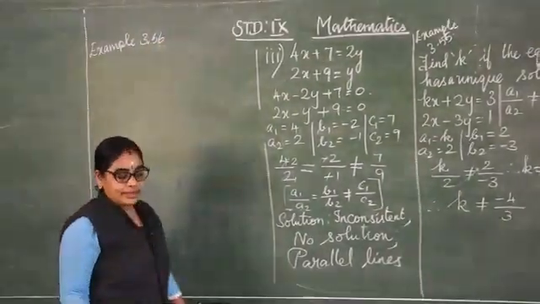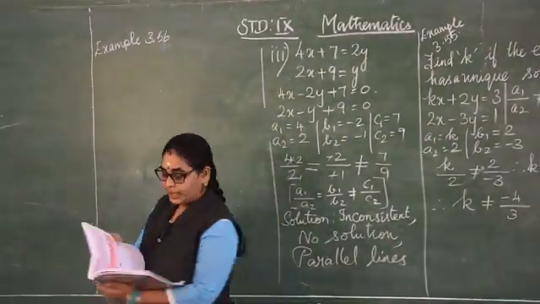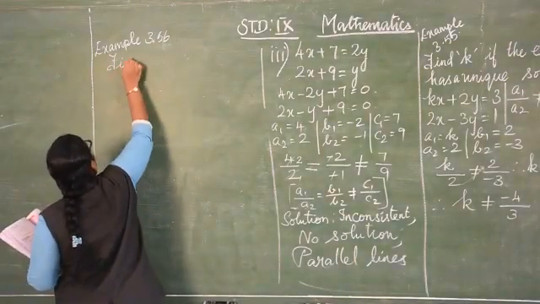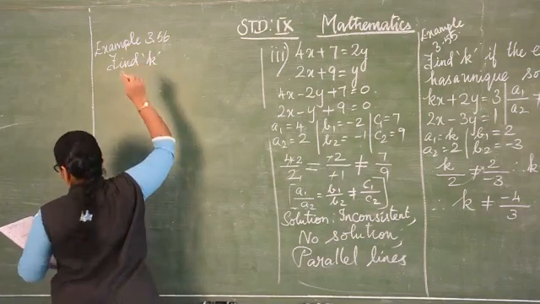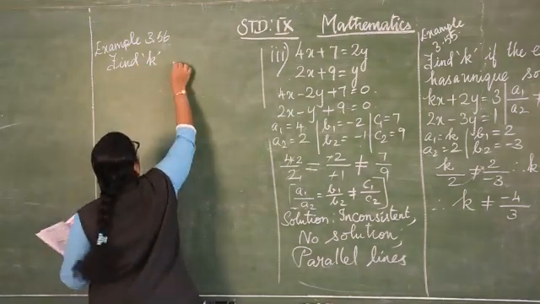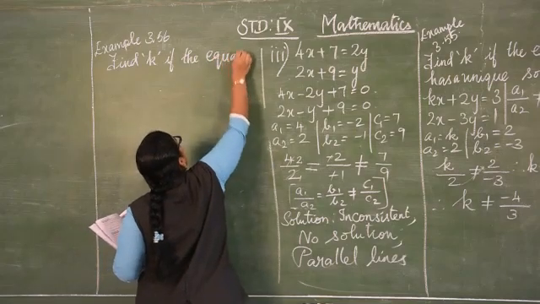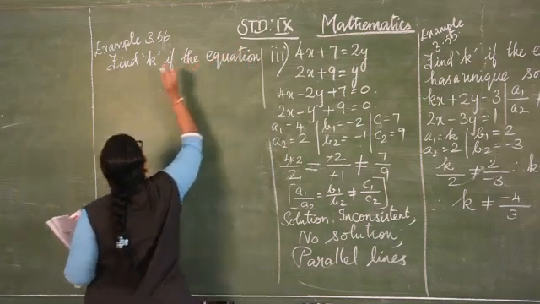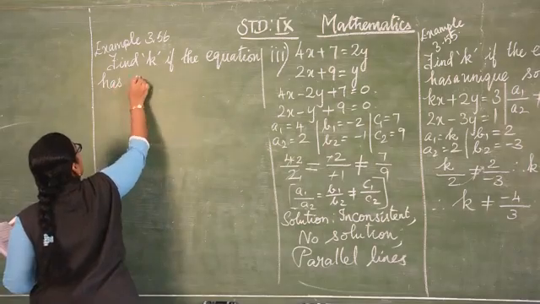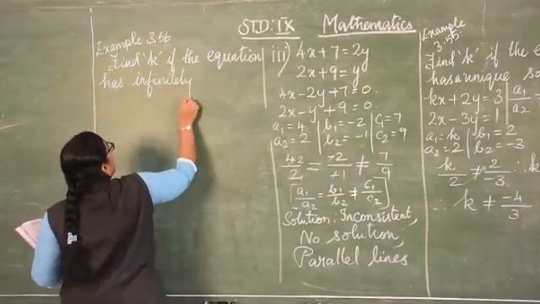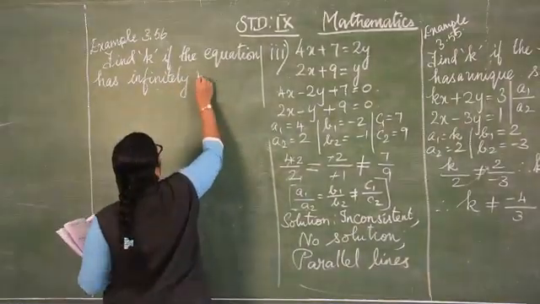3.56. Here again, find the value of k if the equations have infinitely many solutions.